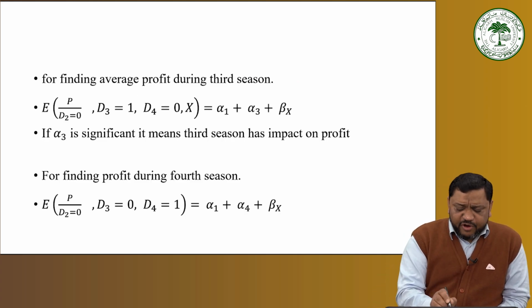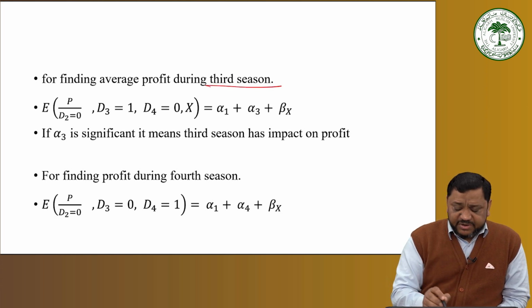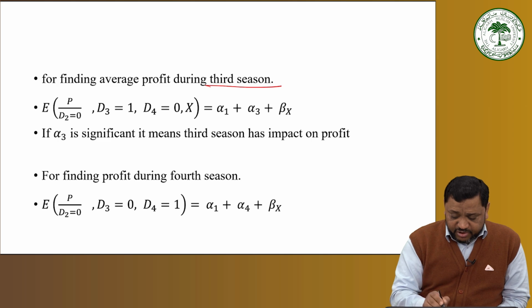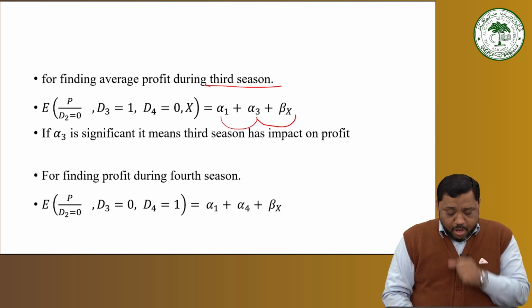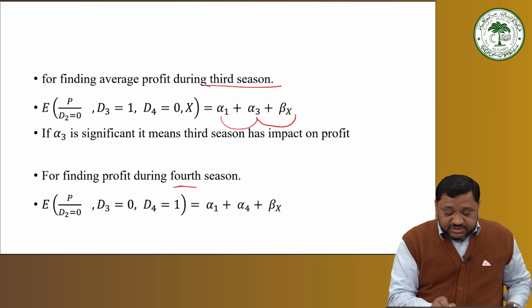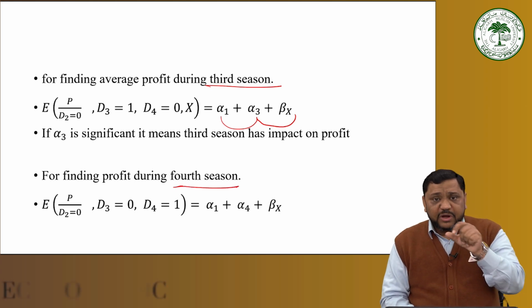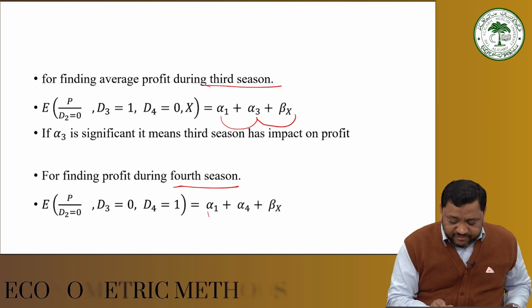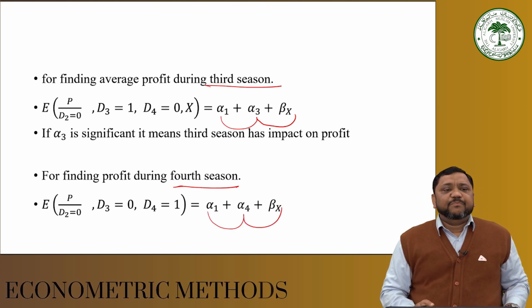Now similarly we form the equation for the third season. Here alpha 2 is equal to 0, and what you are left with is alpha 1 plus alpha 3 plus beta x. For the fourth season, alpha 2 and alpha 3 become 0, so you are left with alpha 1 plus alpha 4 plus beta x.